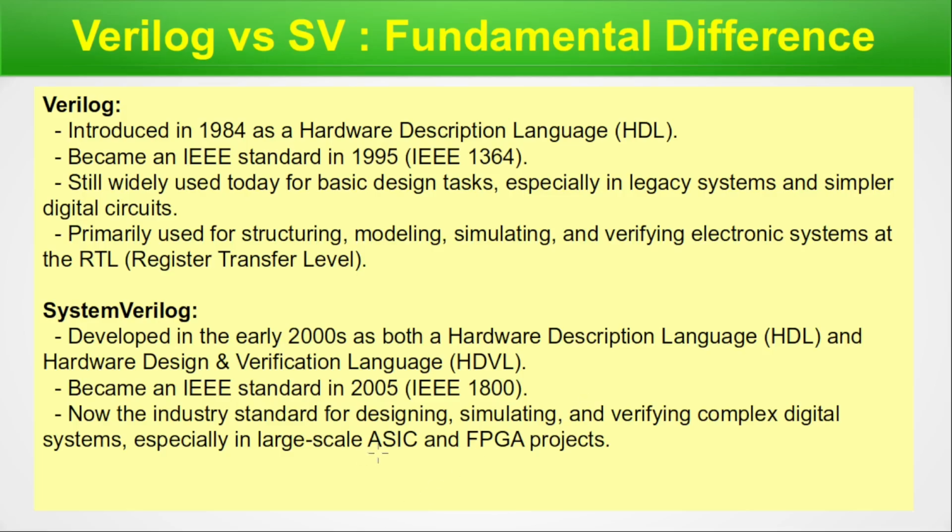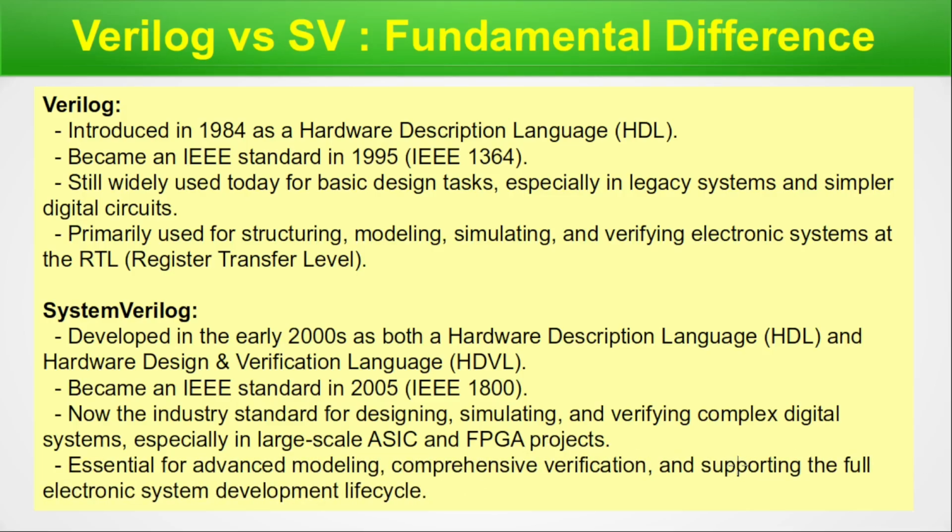That means SystemVerilog is used for large designs like ASIC or SoC and FPGA. It is essential for advanced modeling and comprehensive verification, supporting the full electronic system development lifecycle. Thus, SystemVerilog is crucial for detailed design, thorough testing, and managing every stage of building an electronic system from start to finish. So here we have summarized both Verilog and SystemVerilog.